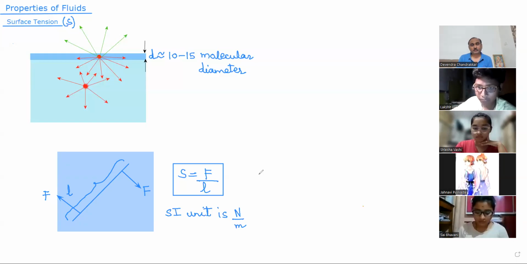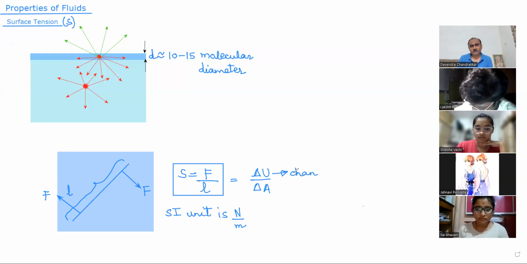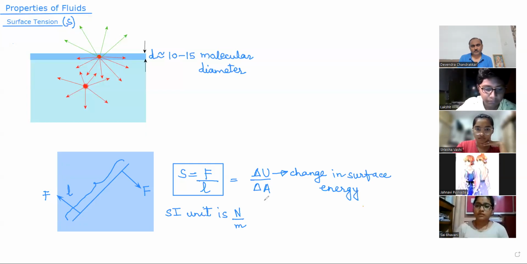Now this is also given as change in surface energy per unit change in area. So this is the change in surface energy, and this is the change in area. I'll explain it to you also.